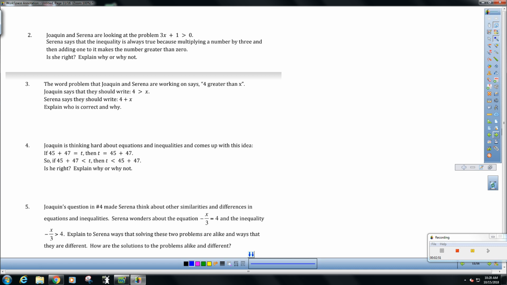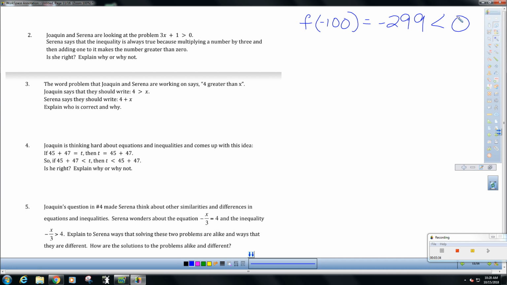Let's put in -100 for x. You get -300 plus 1, which is -299, and that is certainly not greater than 0 or positive. So Serena is wrong because putting in some negative numbers will cause it to be incorrect.